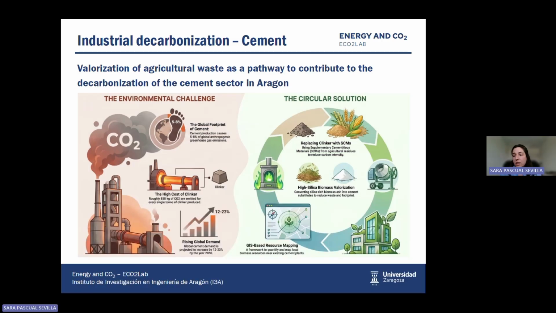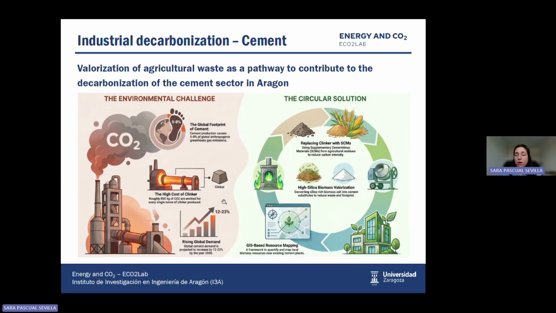The last project that I present in this webinar is the valorization of agricultural waste as a pathway to contribute to the decarbonization of the cement sector, in a specific region in Spain called Aragon.